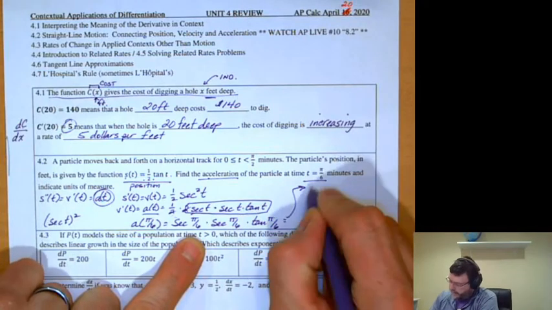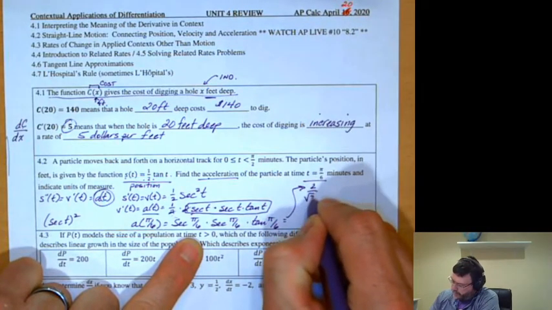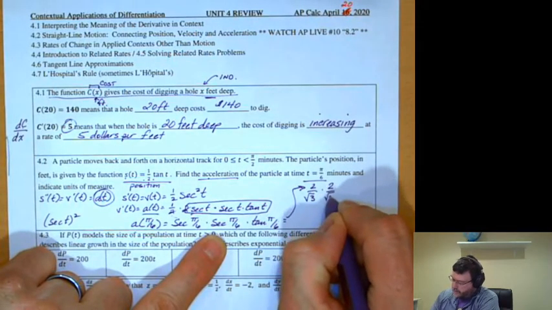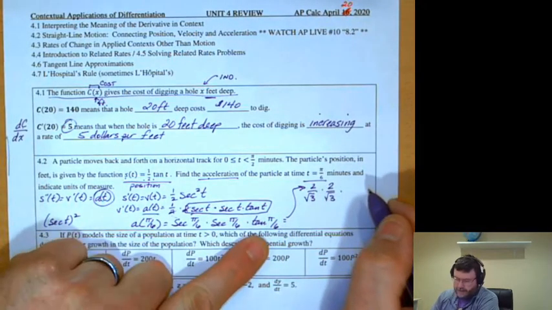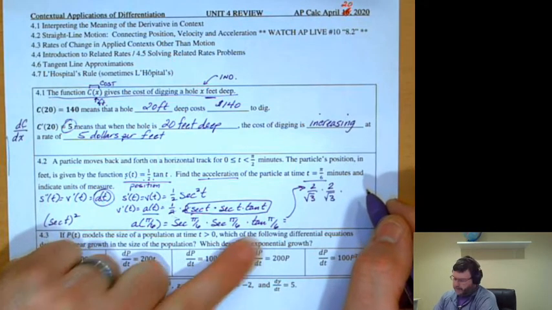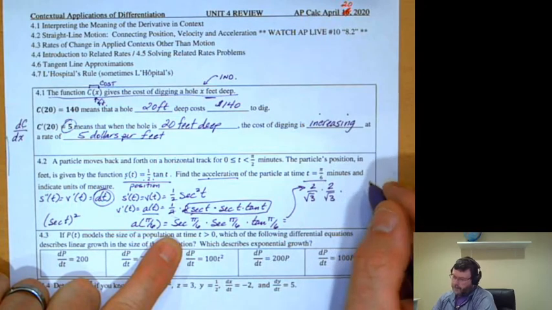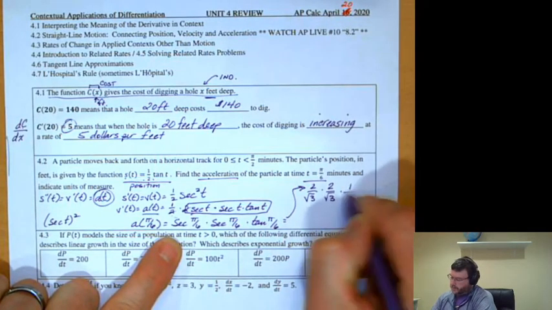So the flip of that is 2 over the square root of 3. Notice I didn't rationalize that, and I don't have to. Then tangent of pi over 6 means that if the cosine is square root of 3 over 2, the sine is 1/2, so it would be 1/2 over the square root of 3 over 2, which is 1 over the square root of 3.